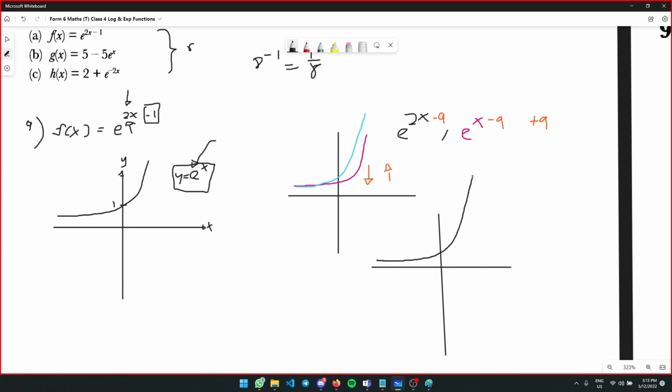Because it's 2x, it will go really steep, and then you have here 1 over e. That's all you need to mention when it comes to the graph. When it's sketching, you only need to mention any point it touches. If it doesn't touch anything, you don't have to mention anything.